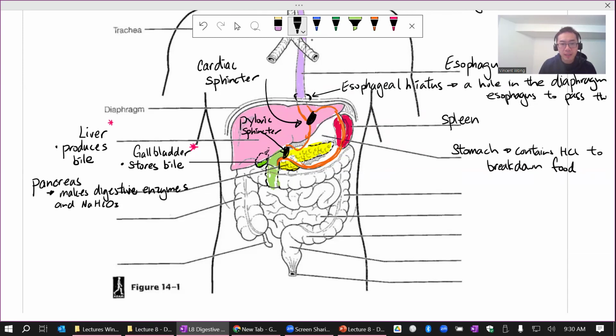They don't have a label for it, so we just have to add our own. That is called the duodenum. Do it in a different color so you know it's part of the small intestine. It's not too long, about 25 centimeters, 12 inches long. So it's the shortest part of the small intestine.